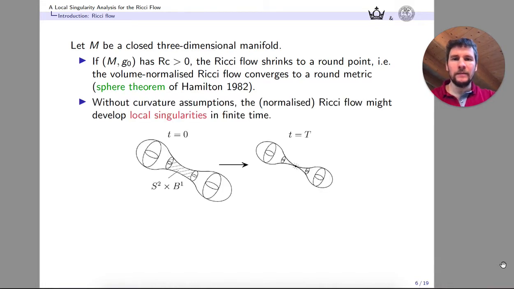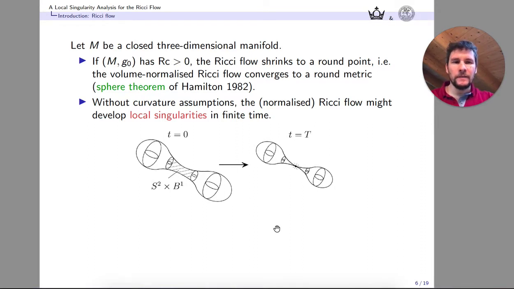Okay, if instead we don't have positive Ricci curvature at the initial metric, then we might experience also local singularities. So in the first case, we have this global singularity, everything shrinks to one point, while here, we can also have local singularities. And the idea is, if you start with something which is shaped like a dumbbell, then you have this neck-like region, which looks like an S2 in a cross-section times some interval.